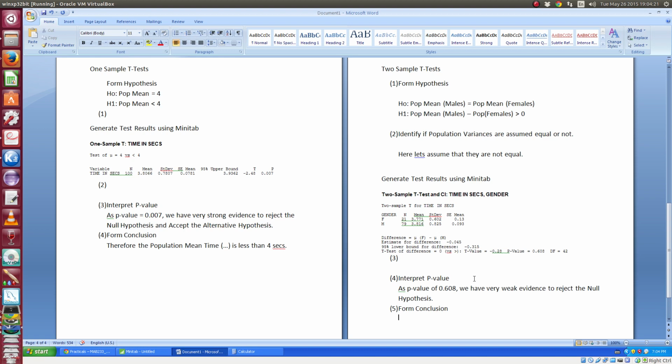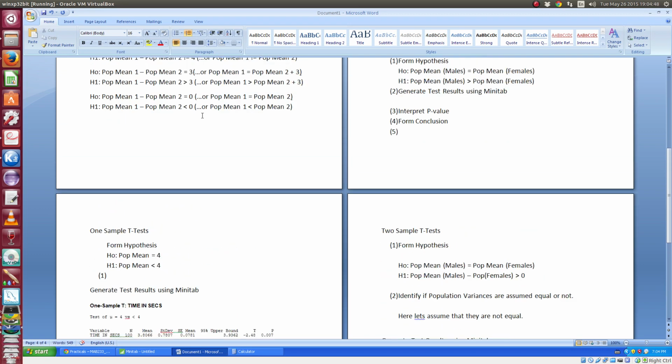As a conclusion, therefore, the mean time for males is not greater than the mean time for females. And that's it. That's all you need to know when it comes to hypothesis testing on the mean.